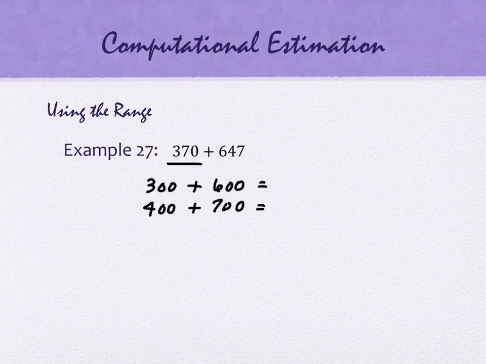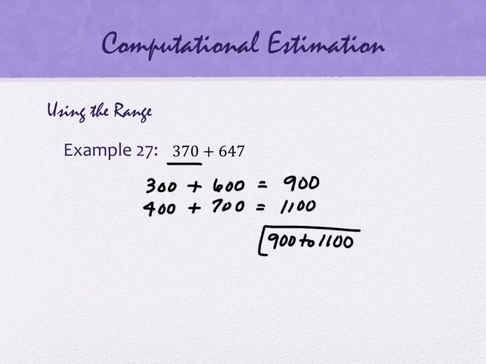So if I add together my low estimates, what's 300 plus 600? 900. And what about my high estimates, 400 and 700? 1,100. So my range gives me a range of values. It's telling me that the actual answer is somewhere between 900 and 1,100. Okay, so I don't get a single value as an estimate. I get a range of values. Make sense? All right.